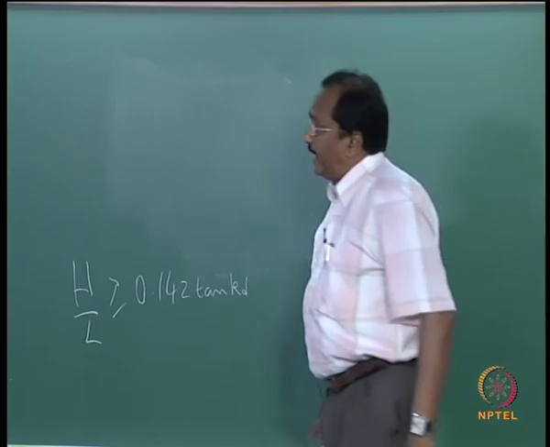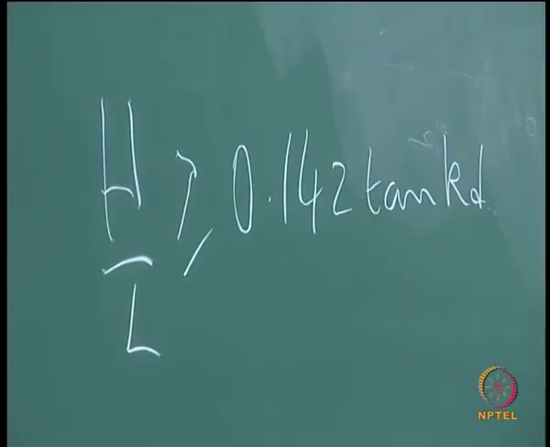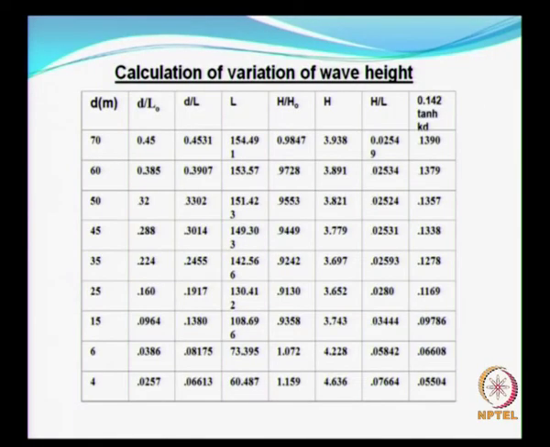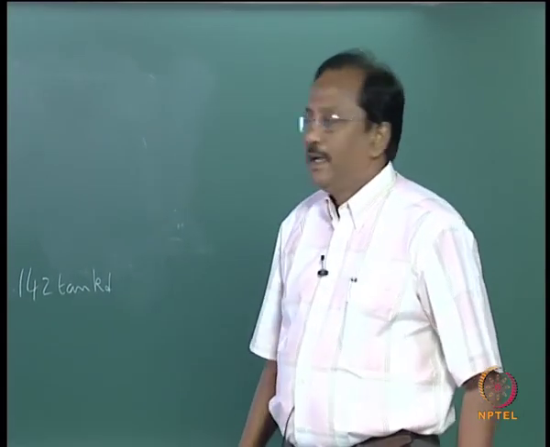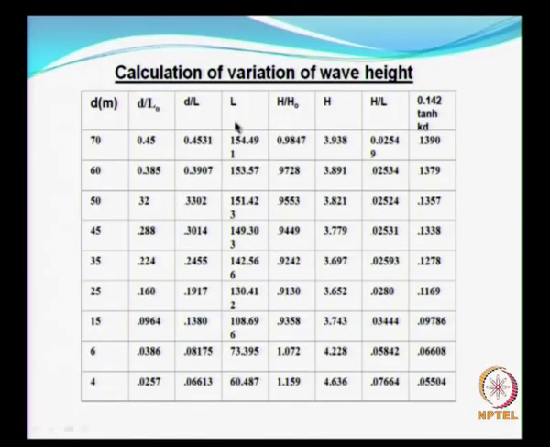Now, what does this indicate? So, we will use this. Now, try to arrive at the relationship on the right hand side and the left hand side with the help of this problem, wherein the water depth starts from 70 meters, and for 70 meters I have calculated d by L naught, d by L wavelength, then H by H naught, from which I can obtain H, and then H by L, and then this parameter which is on the right hand side.